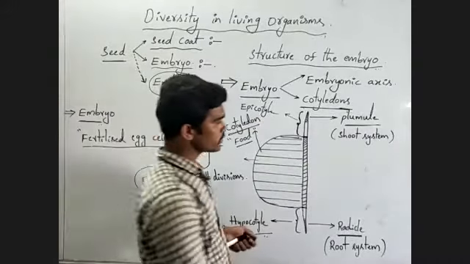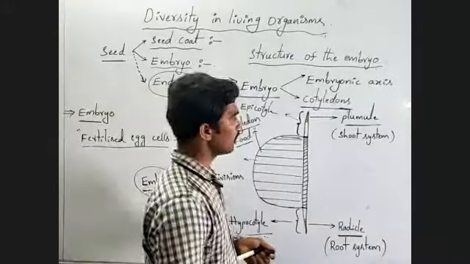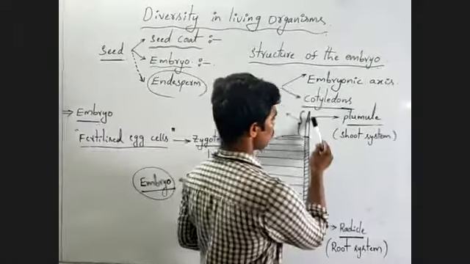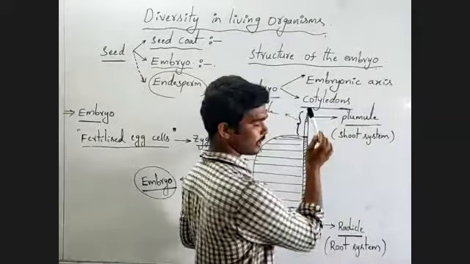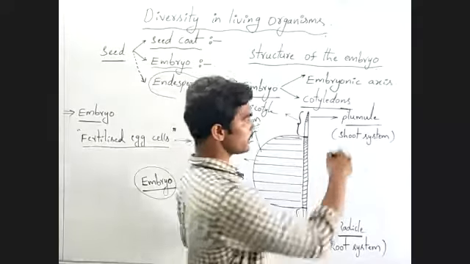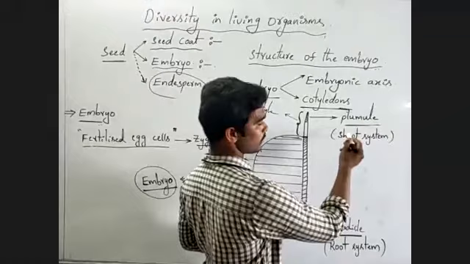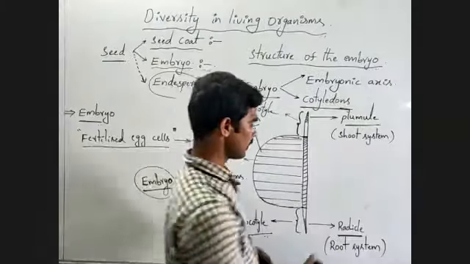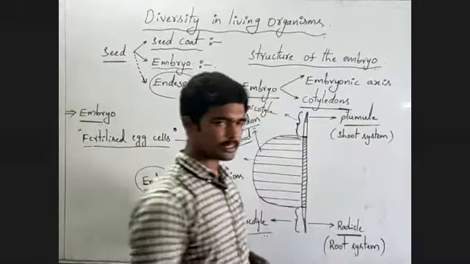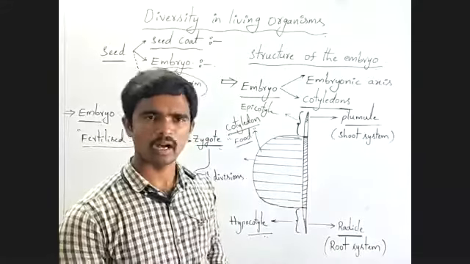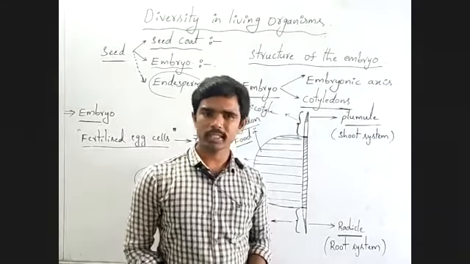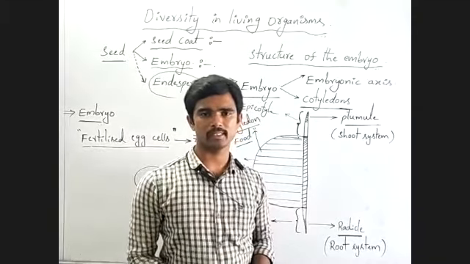During the germination of the seed, the plumule has to be developed as the shoot system. Listen carefully. The radicle has to be developed as the root system. How can they develop? How can they grow? How can they divide?